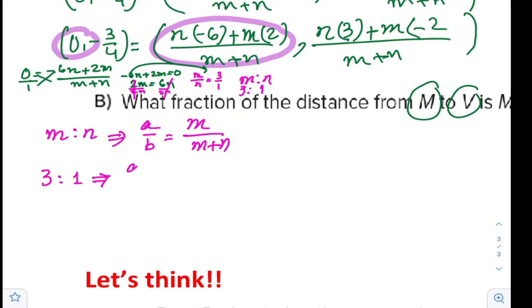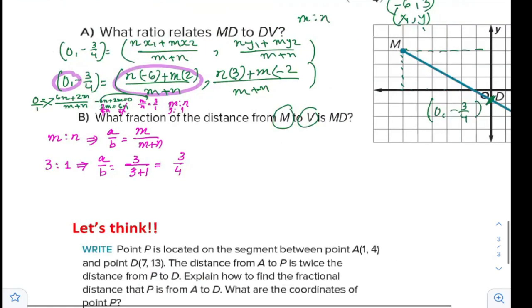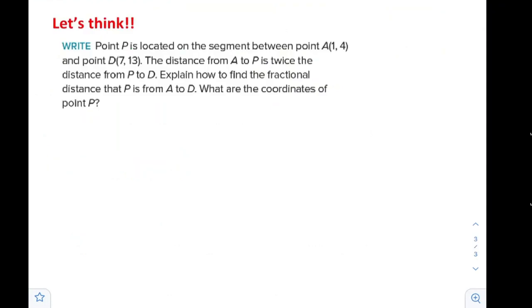That means a over b is 3 over 3 plus 1, which is 3 over 4. And this is easier than applying the unknown from the beginning and solving for one of the variables. You can use this.